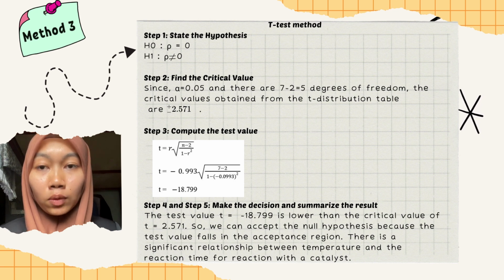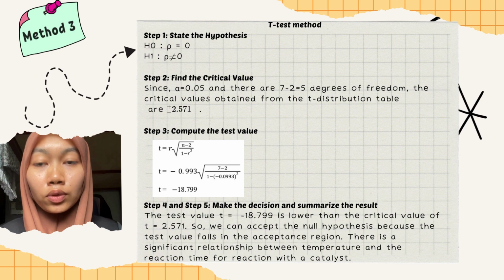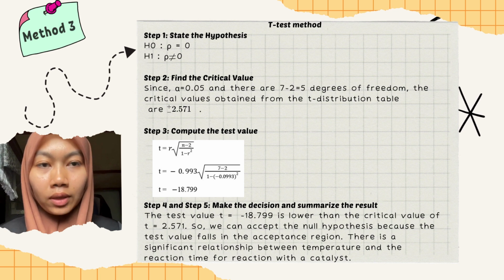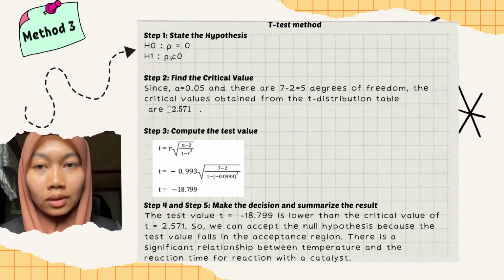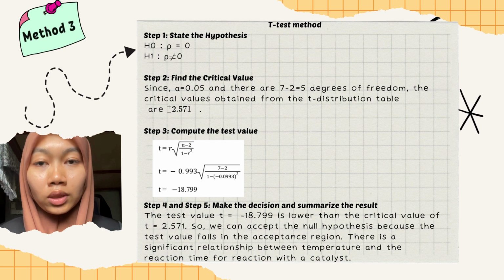H0: rho equal to 0, H1: rho unequal to 0. Step 2, find the critical value. Since alpha equal to 0.05 and there are 5 degrees of freedom, the critical values obtained from the t distribution table are plus and minus 2.571.